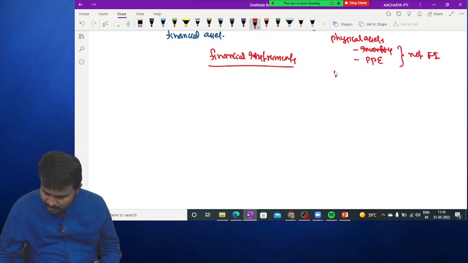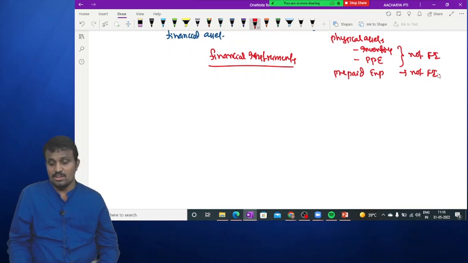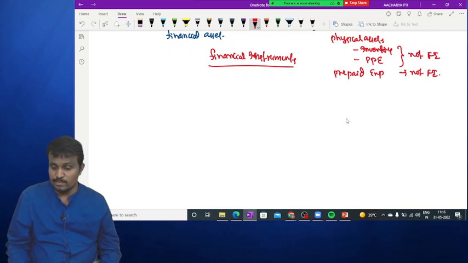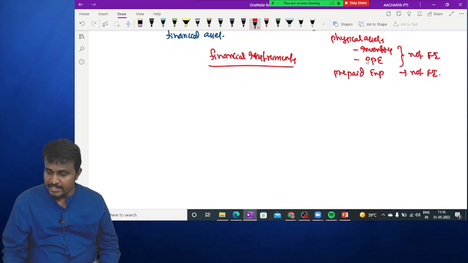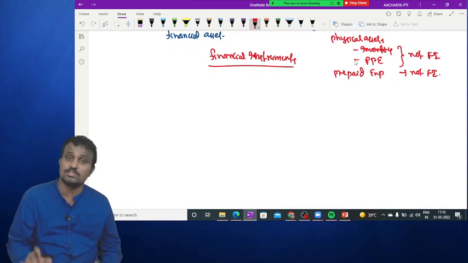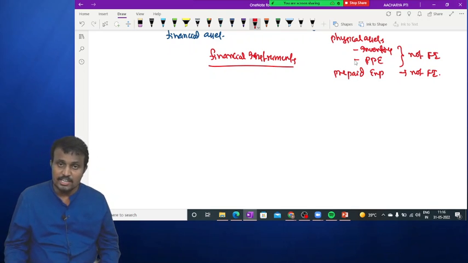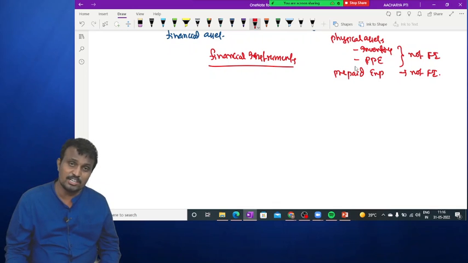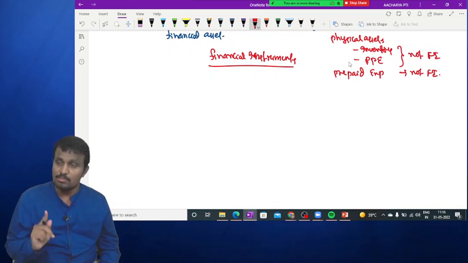And even prepaid expenses are not covered under financial instruments, because PPE itself becomes an asset to one entity. It does not create any liability to another entity, and the benefits relating to the asset will be received in future by a single party.